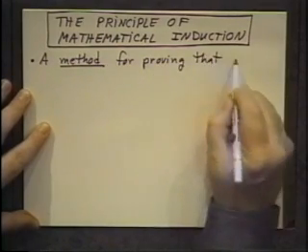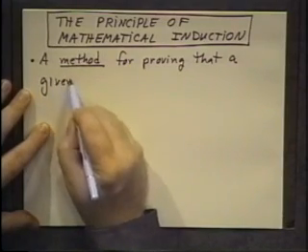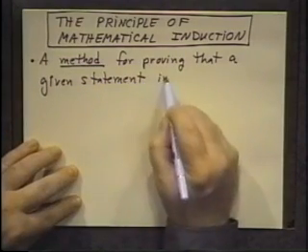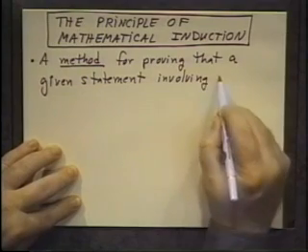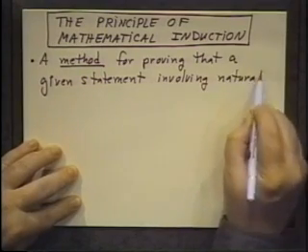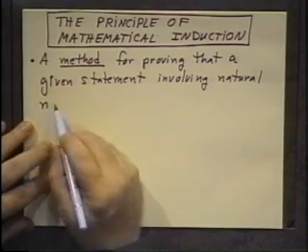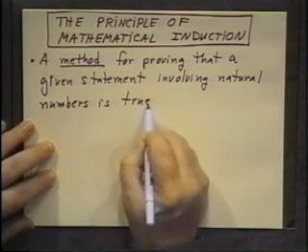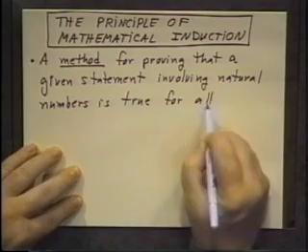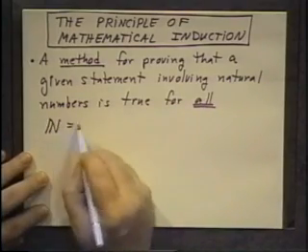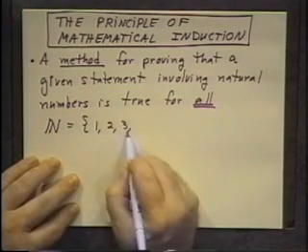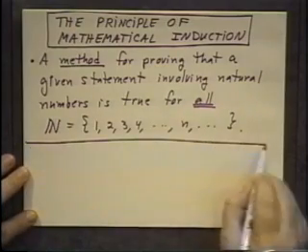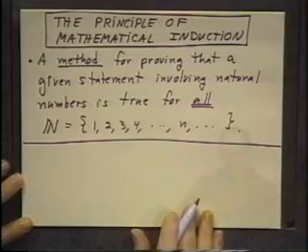So proving that a given statement that you may have, a statement involving natural numbers, like 1, 2, 3, etc., is true, not only for a few numbers, but for all of n, the natural number set, which is the set 1, 2, 3, 4, up to n, out to infinity. That's what the principle of mathematical induction is about.